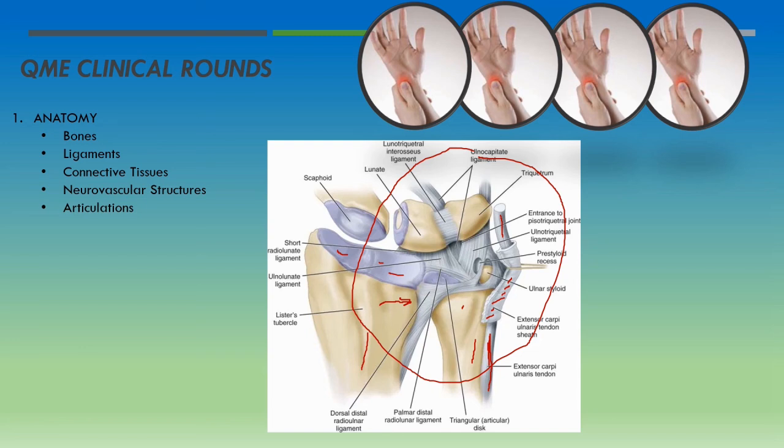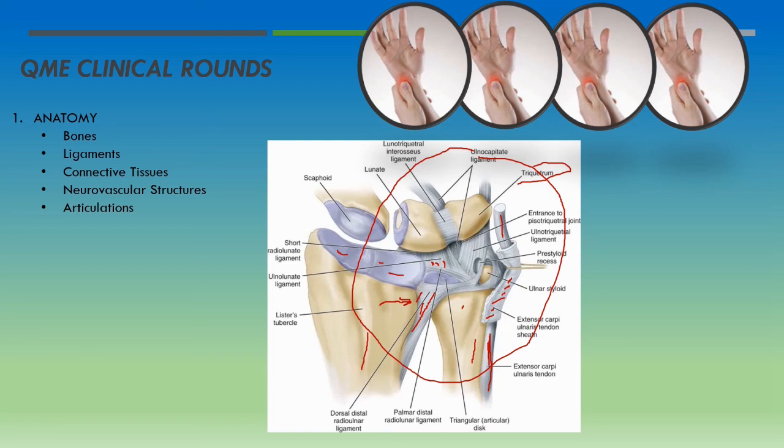And then here at the distal aspect of the ulna, where the distal radial ulnar joint is here, we have both the dorsal and the palmar radial ulnar ligaments. So these are ligaments that are involved in stabilizing the wrist during wrist movements, especially during pronation and supination. And then, in addition, we have several ligaments that are involved in stabilizing the all-important triquetral bone on the medial aspect of the wrist.